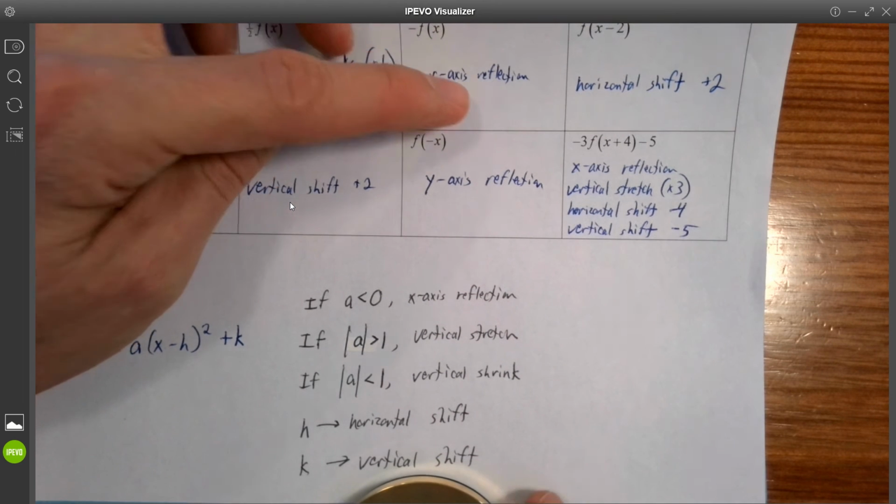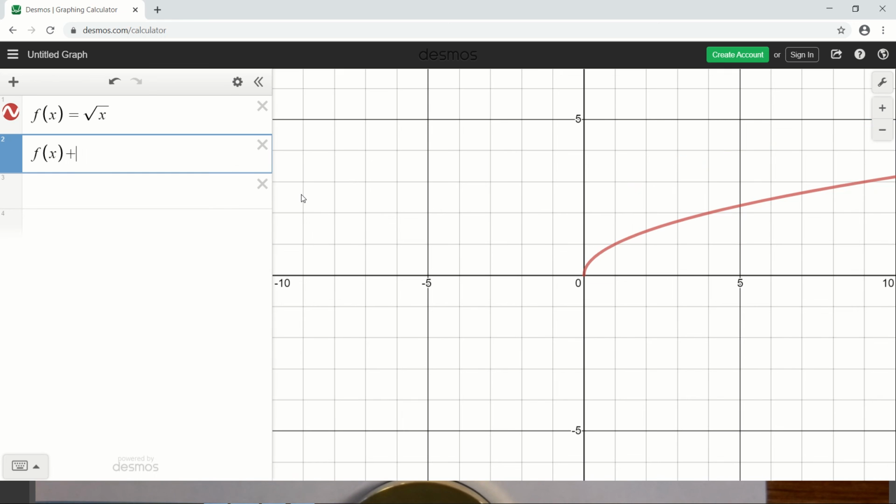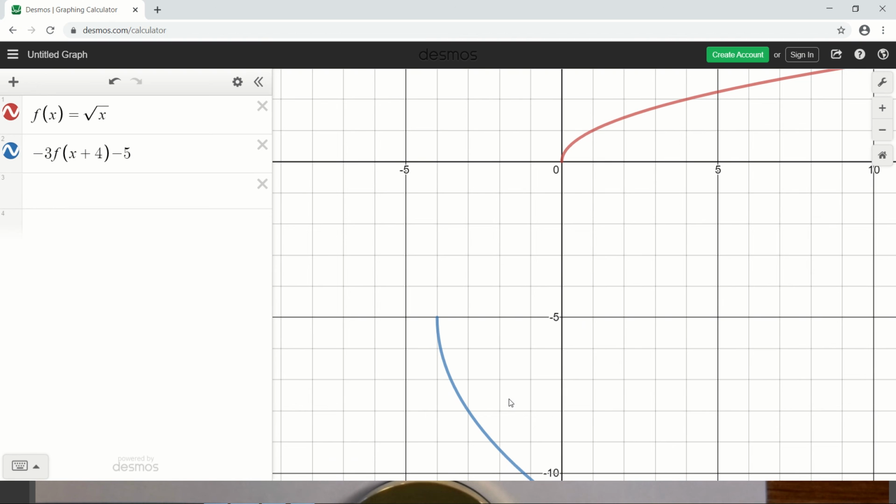If you wanted to see it, you could. And you would see all of these things at play here. I said I wouldn't do it, but when I do, you'll see all these things happening. It's taller, upside down, slid to the left 4, slid down 5, translated. We saw it coming. We knew that was going to happen.